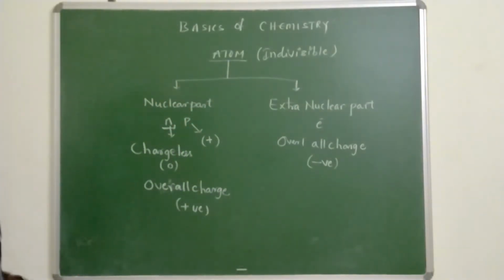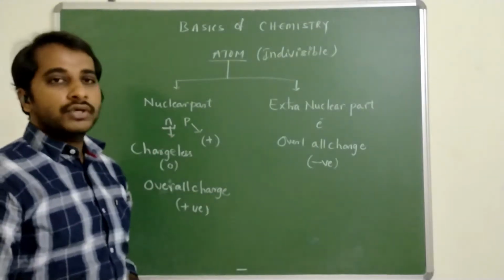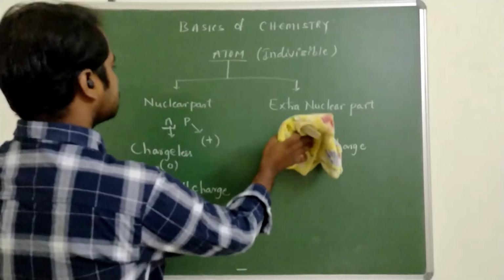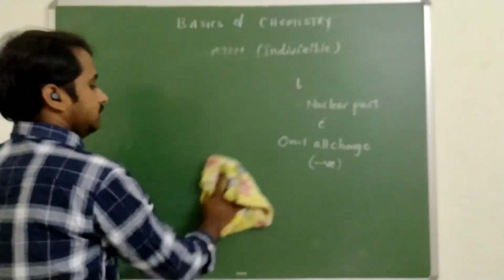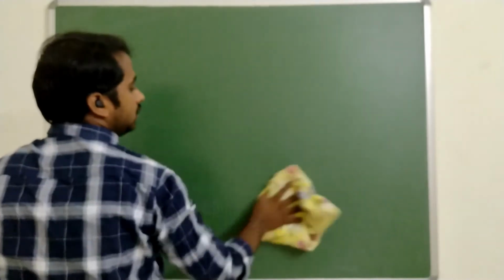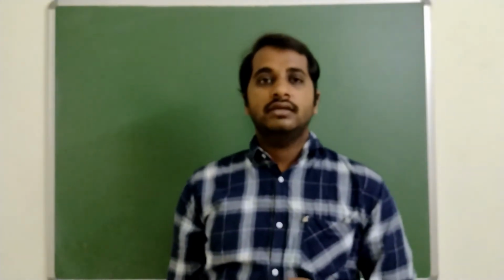We'll see now the terms related to neutrons, protons and electrons. Very important in your basics of chemistry, and some questions are asked in JEE, NEET and mains from basic concepts of chemistry also.